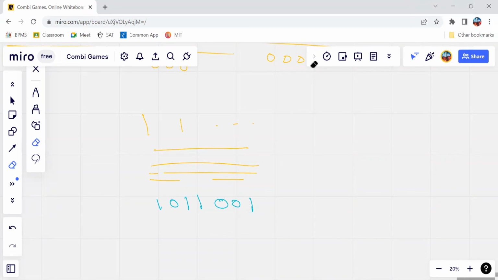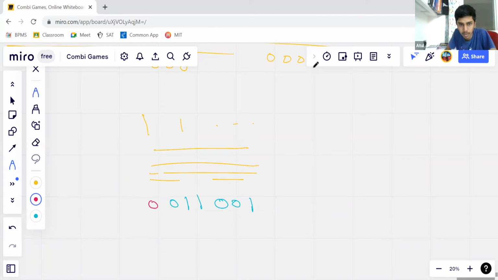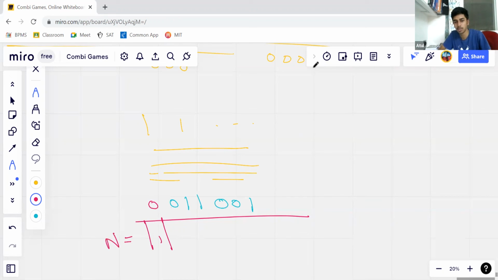So there must be some 0 that became a 1 or some 1 that became a 0. Suppose this 1 became a 0, for example. Then the initial sum must have contained an even number of 1s to start off with because this was 0 here. And because now it has 1 less, it now becomes 1. And so this nim sum is not 0 anymore.